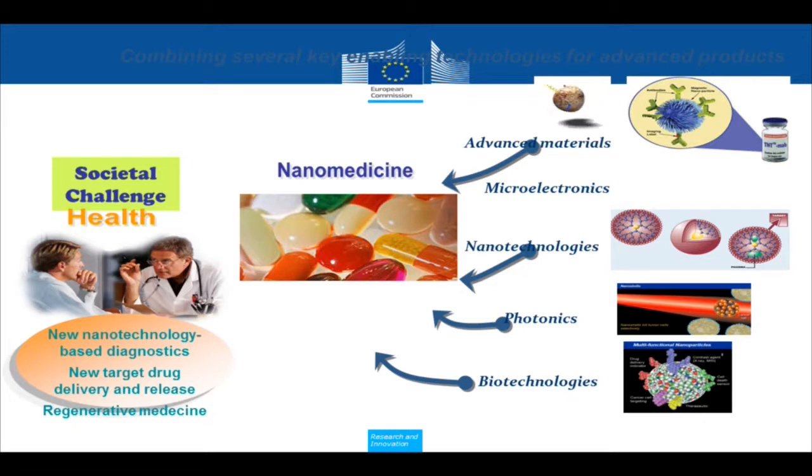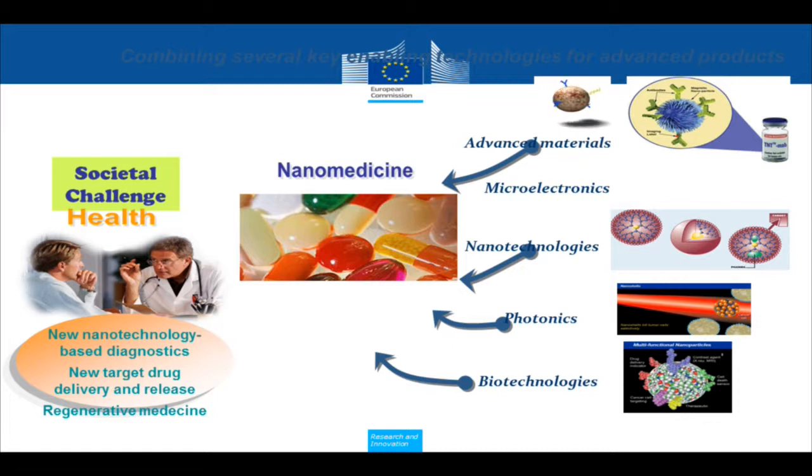Right. Here is just one example of how several different key enabling technologies can be brought to bear on a single problem, in this case nanomedicine, applications in health. This brings me to an important issue, that of integration across Horizon 2020.